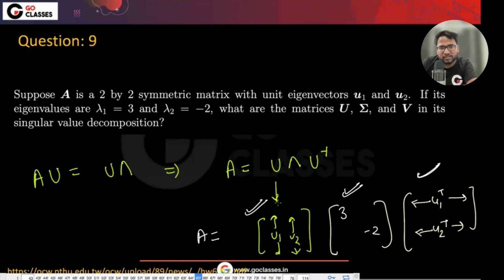In the SVD, take the eigenvectors of A transpose A, but here we are given them for A. Yes, that is true. This is not SVD. They're asking you to find out the SVD. So this is not SVD, that I agree. So how to find out the SVD?